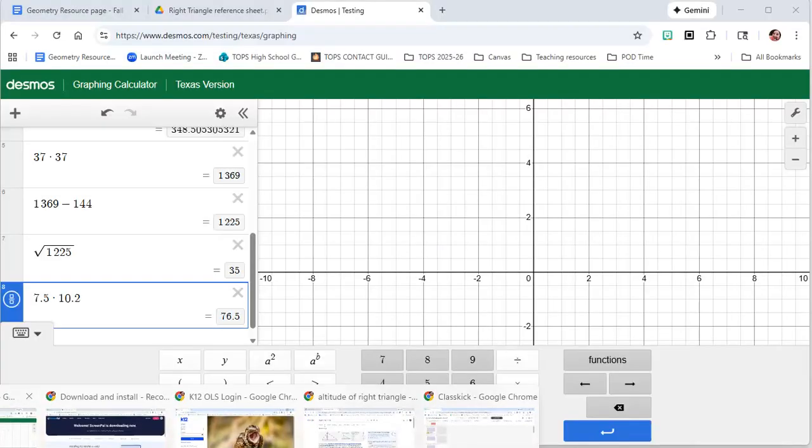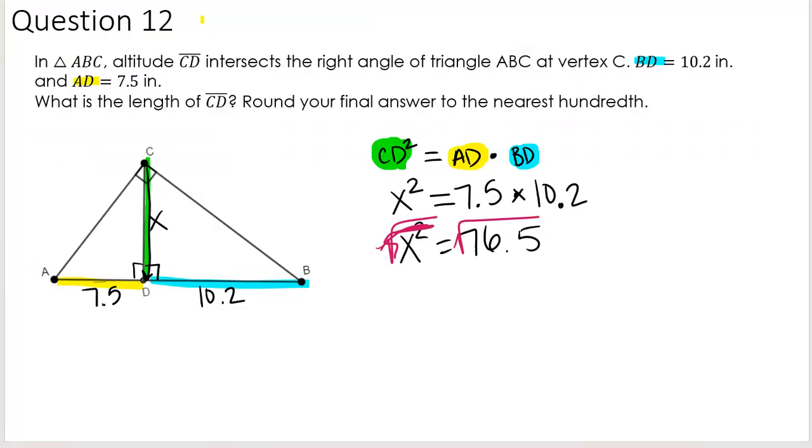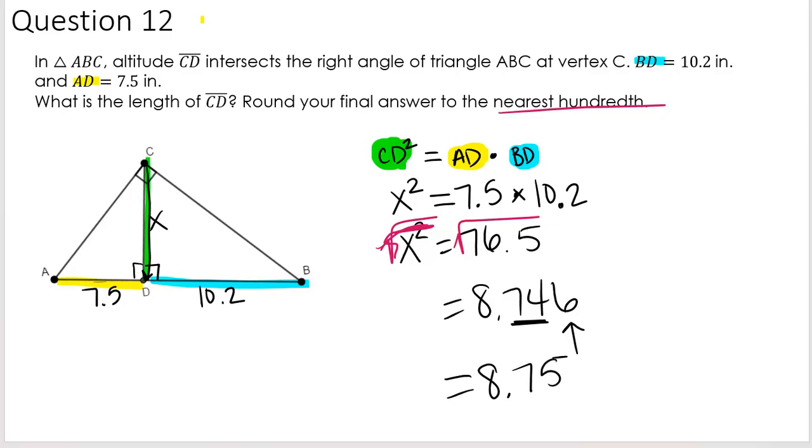We got the square root of 76.5, which gets us 8.746, okay? And it wants us to round to the nearest 100. So we're looking at this third number there, and if it's 5 or larger, it's going to bump it up, right? So it ends up being 8.75.